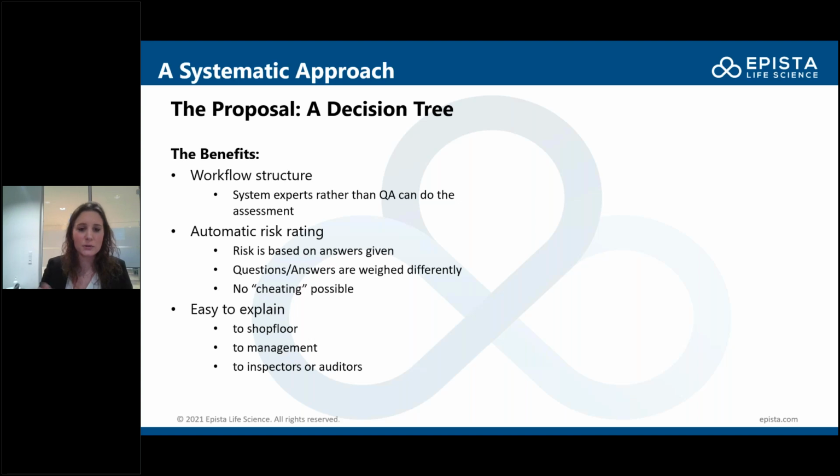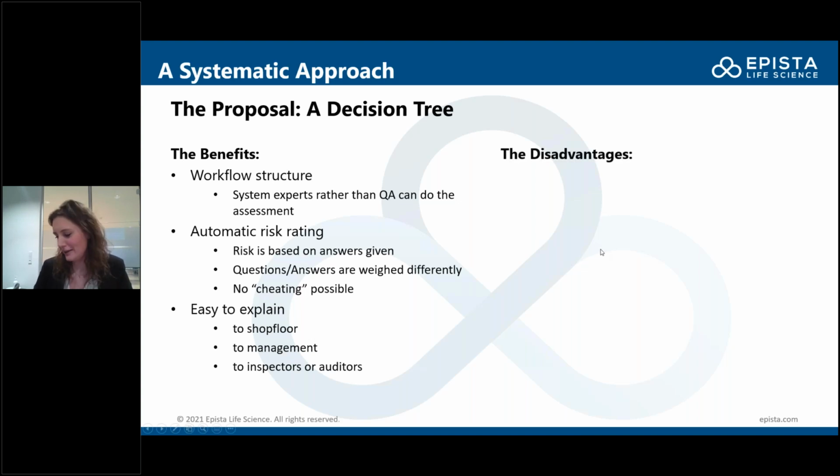You say, well, look, this is the questions we asked, this is the path that we went down, and in the end, we ended up with a high risk. So it is very transparent in that way. And of course, because it's easy to explain for shop floor management, it's also easy to explain to inspectors and auditors. You can say, that is the reason that we prioritize mitigation for this equipment over the mitigation of that equipment.